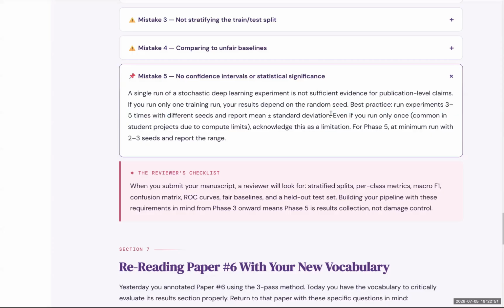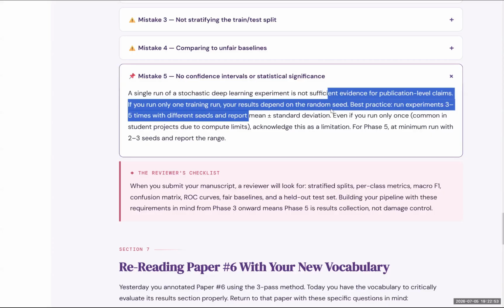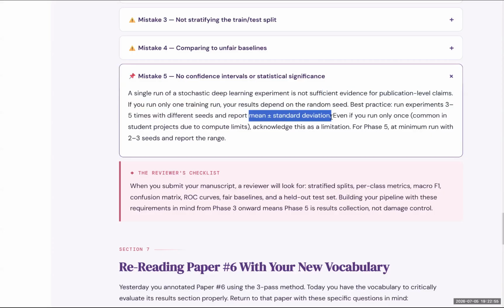The mean and standard deviation will tell how much your result is deviating, how much different a result you get in each run. If the deviation is not large, then you have achieved a better result.